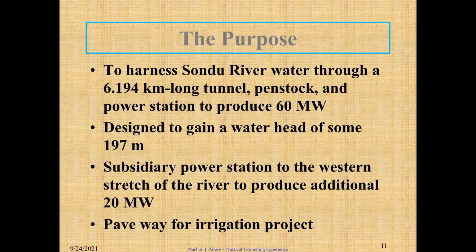And that kinetic energy is what will rotate the motors and help change that mechanical energy into electrical energy as you rotate that motor. There was also the provision to have an additional power station of 20 megawatts.